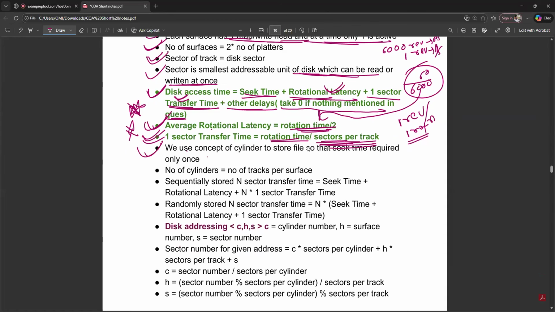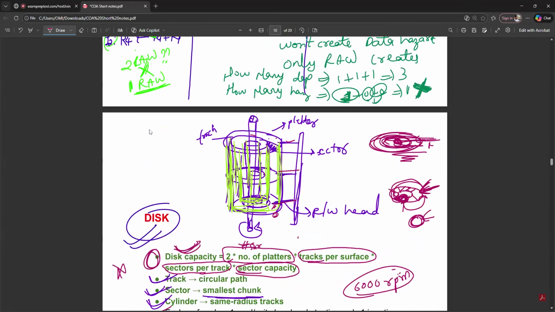Now we use the concept of cylinder to store the file so that seek time is required only once. I have told that already. So seek time is considered only once.